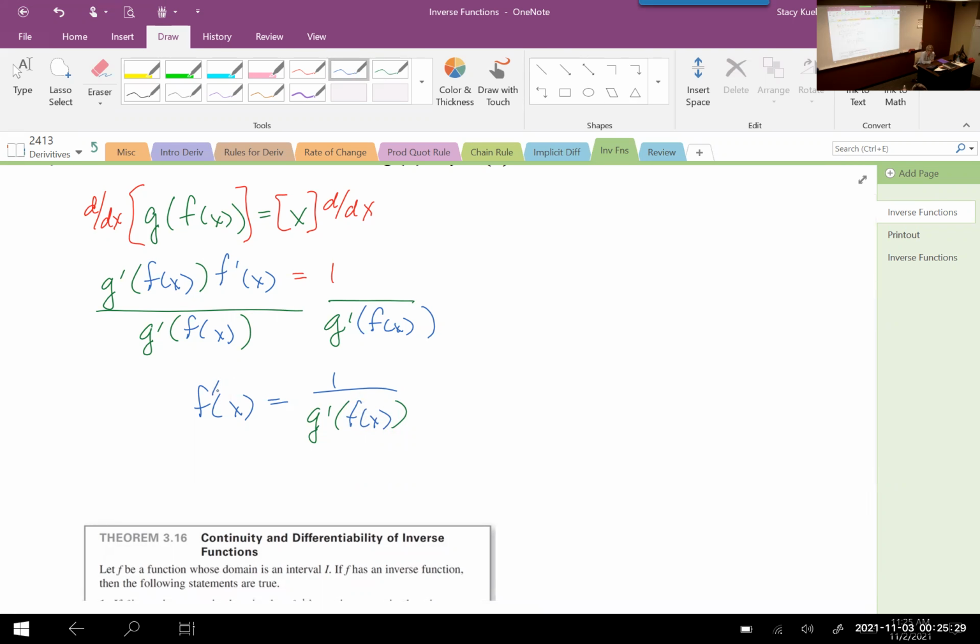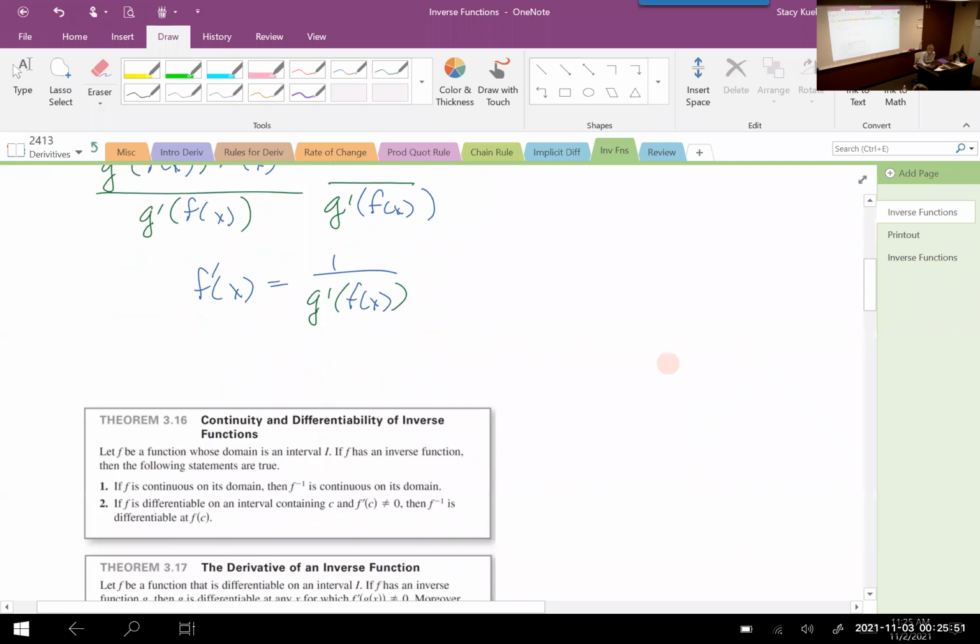So by dividing both sides by the derivative of the inverse, we end up with this relationship between the derivative of the function and the derivative of the inverse. We have two derivatives, and this relationship going on between the two of them.